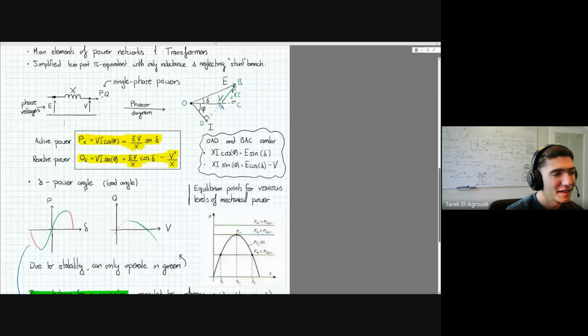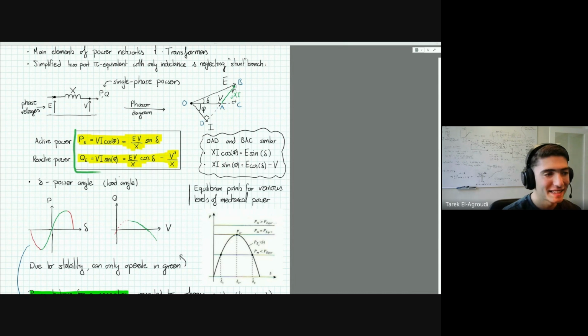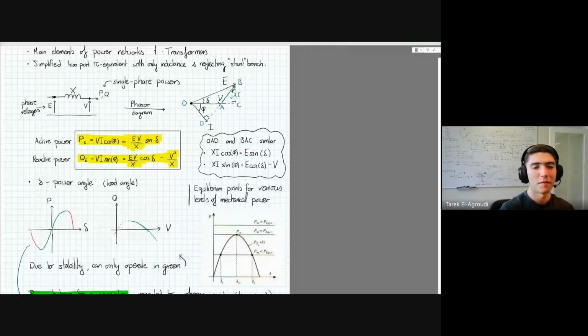So there's also a nice rule of thumb, and that's that active power relates to frequency stability in the grid, and reactive power relates to voltage stability. I have not personally understood completely why, but the main takeaway is that if you mostly care about frequency stability, which this course does, we are mostly concerned about the active power.